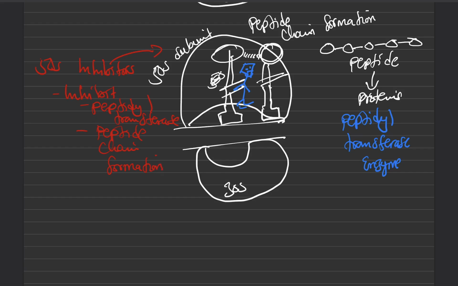That is their mechanism of action, simply inhibiting peptide chain formation.